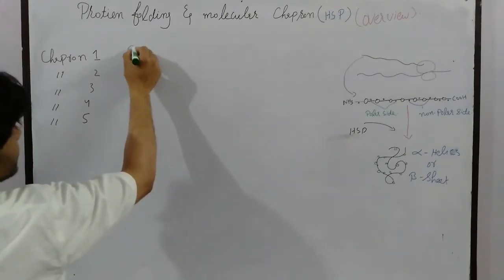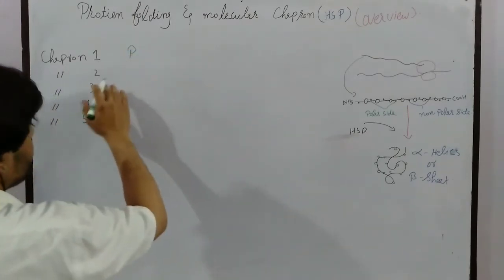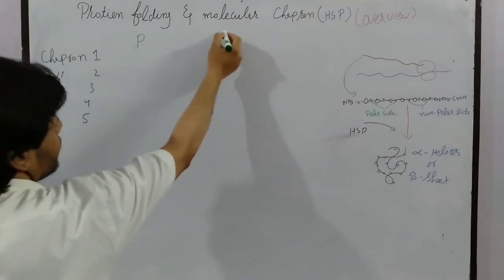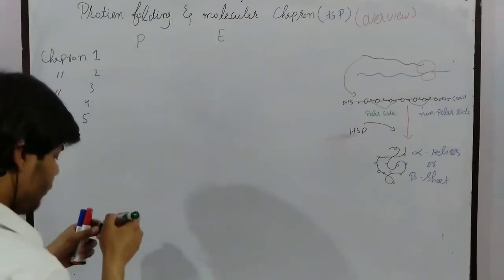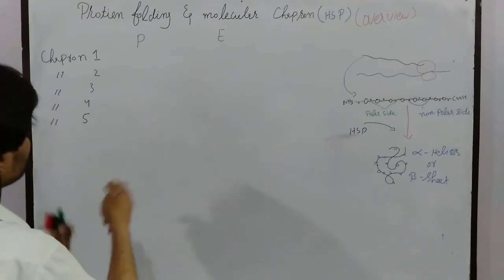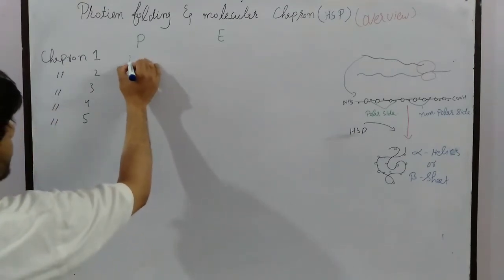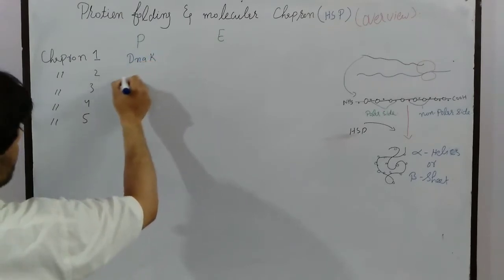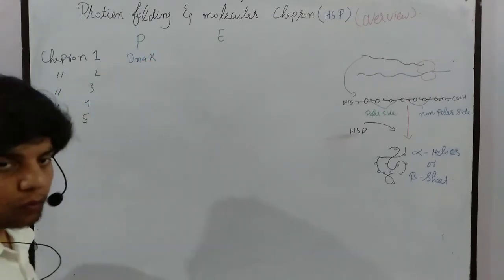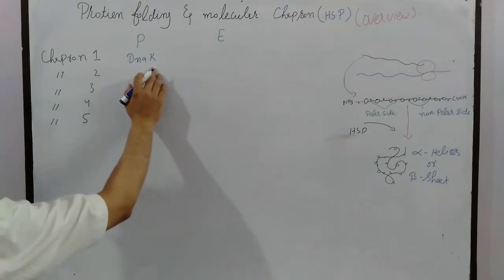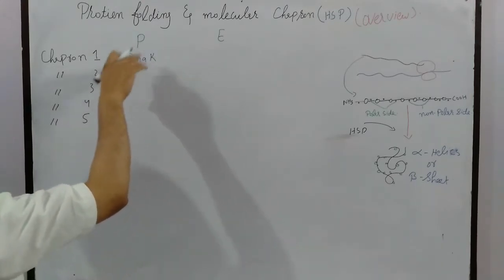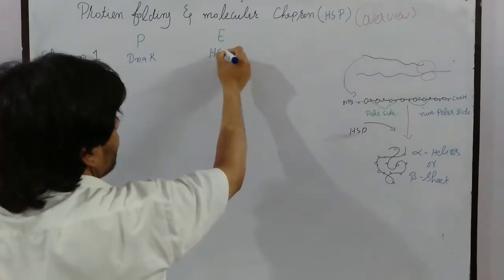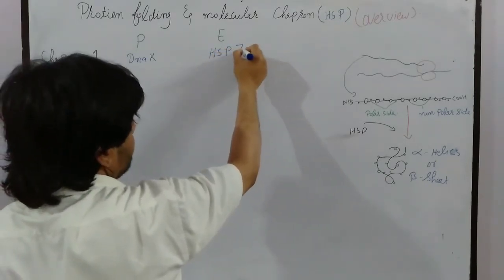In prokaryotic cells, what do we call chaperone 1, and in eukaryotic cells? Remember, in prokaryotic cells we have DnaK, which is mentioned in chaperone 1. Inside the prokaryote we call it DnaK, while inside the eukaryote we call it heat shock protein 70.